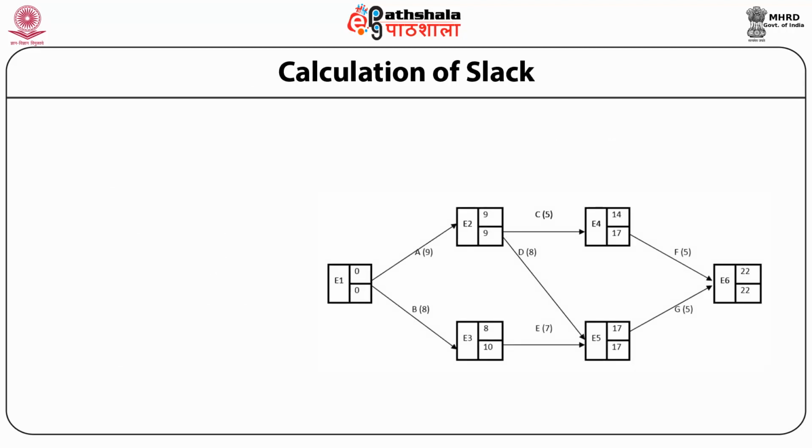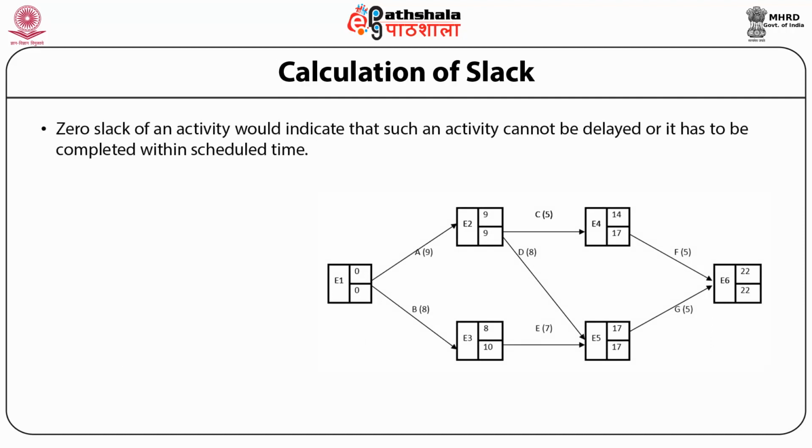Step 3, calculating slack. Zero slack of an activity would indicate that such an activity cannot be delayed and has to be completed within scheduled time. Such activities are the most important activities in a project and constitute the critical path.